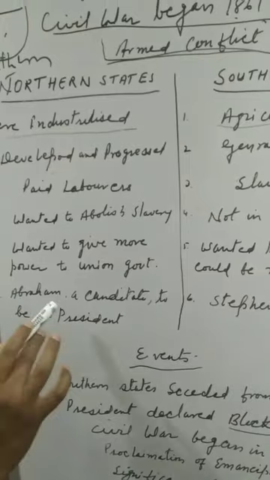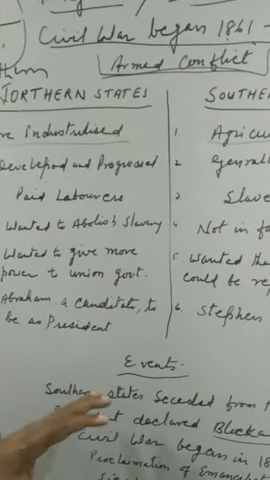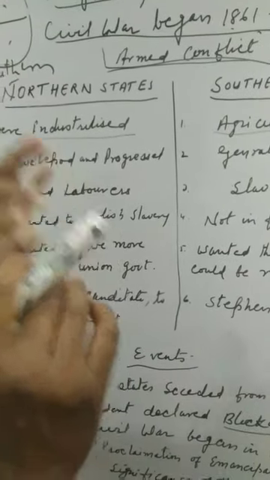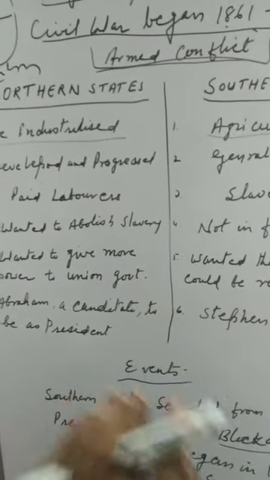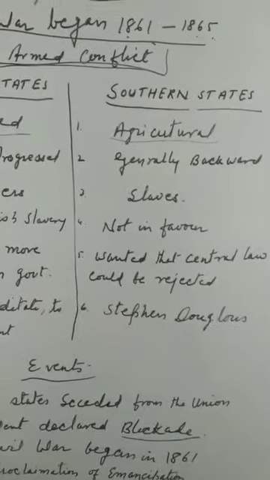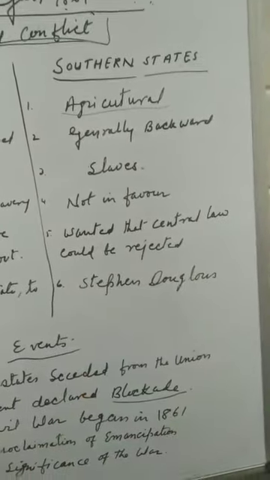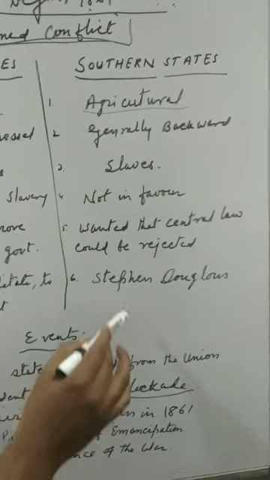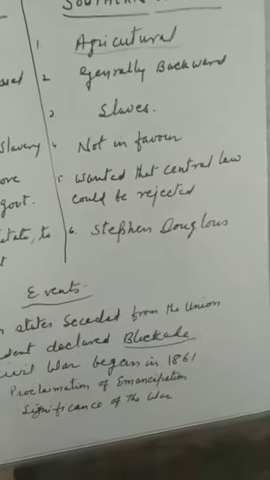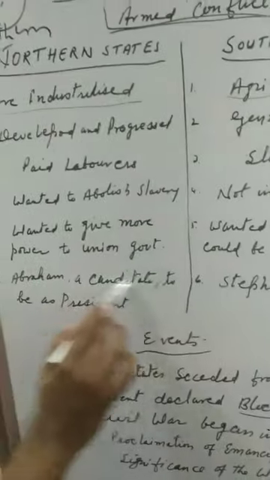Abraham Lincoln in his speeches had said he was in favor of abolishing the slavery system, whereas Stephen Douglas supported slavery. So southern states will like whom? Of course, they will vote for Stephen Douglas. But who won the election? Abraham Lincoln.